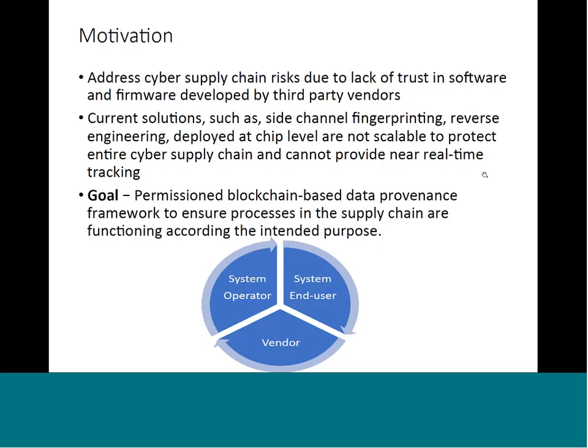Essentially the problem is how do you come up with a methodology to provide cyber supply chain provenance. If you have your products developed and delivered by third-party suppliers and vendors, how do you ensure the integrity of those products in the procurement phase and also during the operational phase?